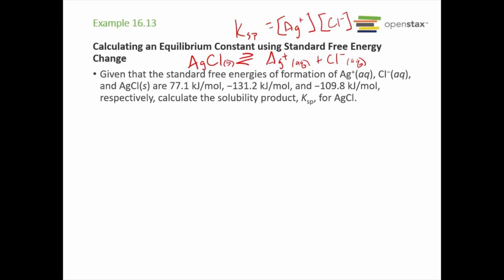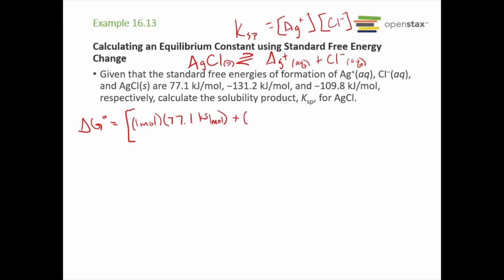We can use delta G standard, and we can calculate this doing products minus reactants. From our product side, we have 1 mole of silver times its delta G formation. Since we're doing standard stuff, it's okay to use these values. It has a delta G formation of 77.1 kilojoules per mole.